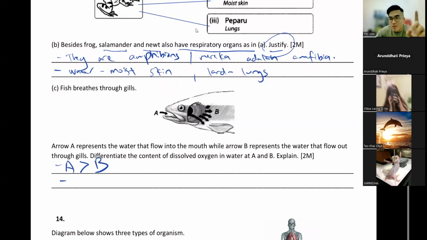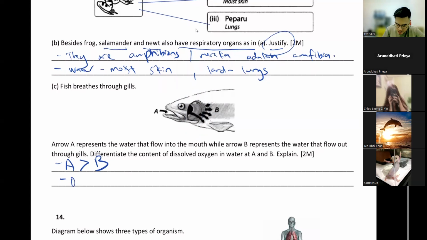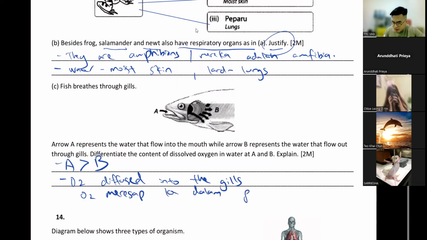When oxygen goes from alveolus to blood vessel, or carbon dioxide go from blood vessel to alveolus, what is that called? Yes, that's the word I want. So oxygen diffused into the gills. Okay, oxygen meresap ke dalam insang. Okay, diffuse, meresap is the keyword.